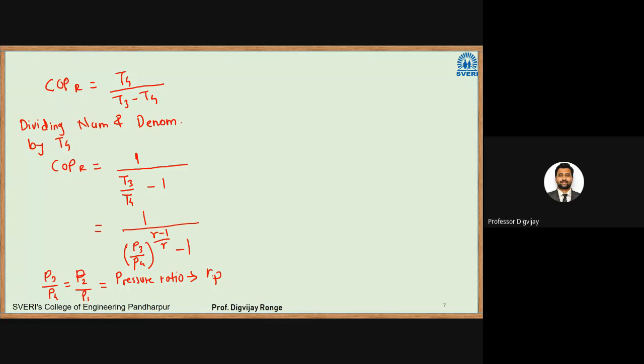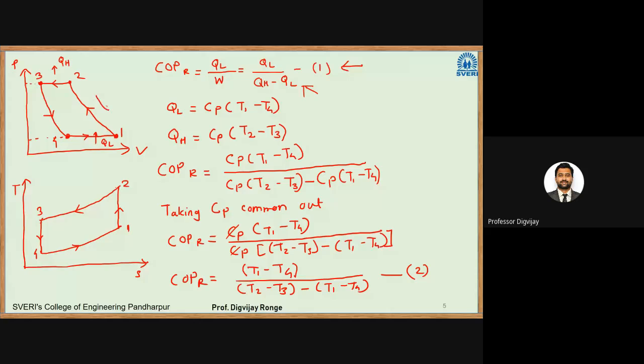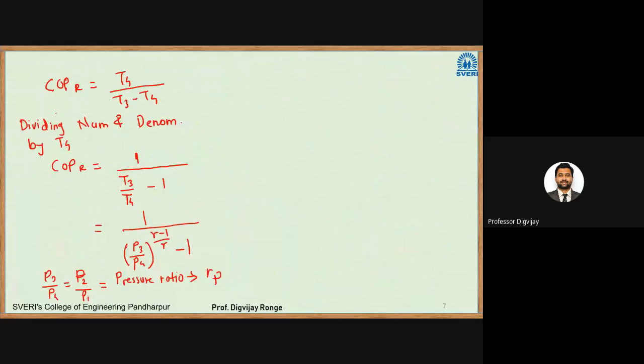See in this diagram, 1 to 2, what we are doing, we are compressing the air. So P2 by P1 will give you the compression ratio. Now 3 to 4, we are expanding the air, so P3 by P4 will give you the expansion ratio. In case 1, we have assumed that both follow the same law, PV raised to gamma.